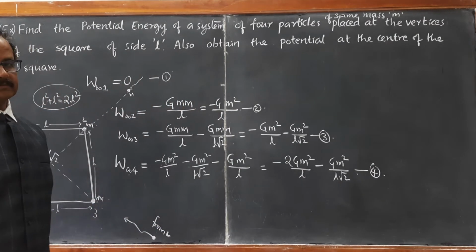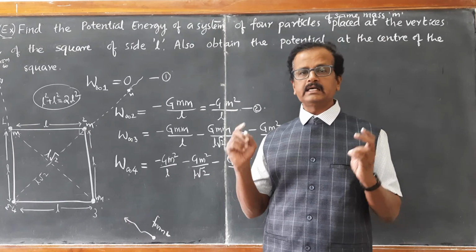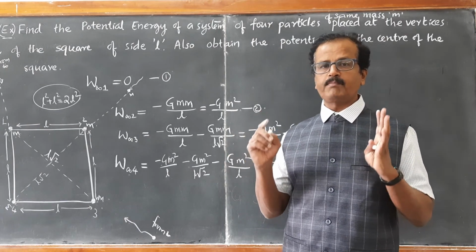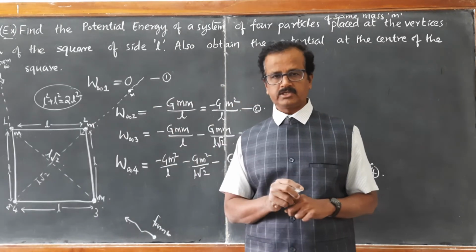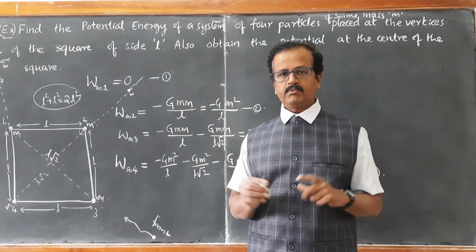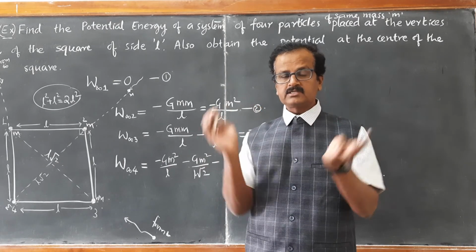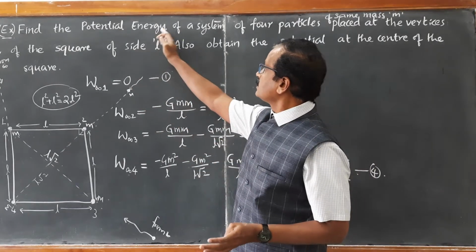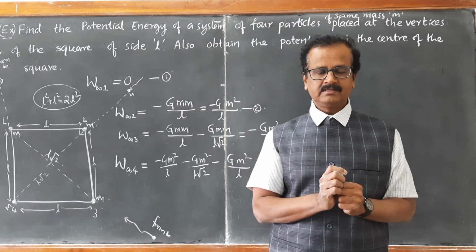Now, total work done: we can calculate it as the total work done in assembling these 4 point masses from infinity to the points under consideration. This is stored in the system as potential energy of the system of 4 point masses, right?